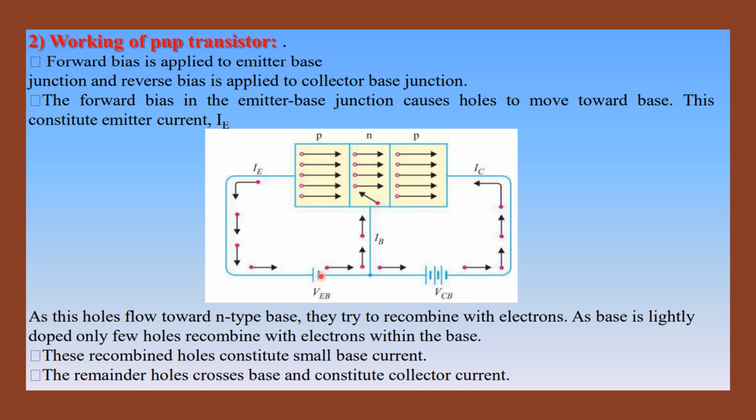Same operation: forward bias means the depletion layer width reduces and there is a flow of charge carriers. The holes move from emitter to base. Some recombine, giving a small base current in microamperes. The remaining move to the collector. So IE is equal to IB plus IC here. The direction is opposite because here the current is due to holes.